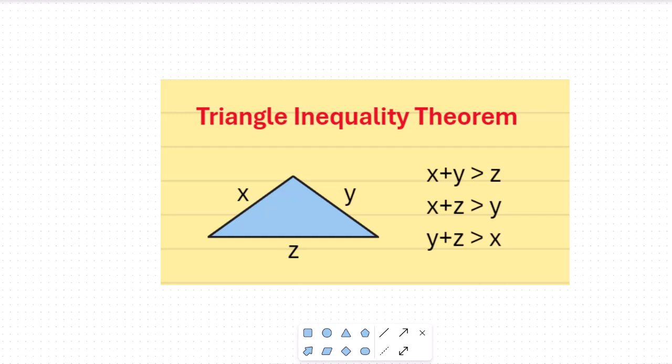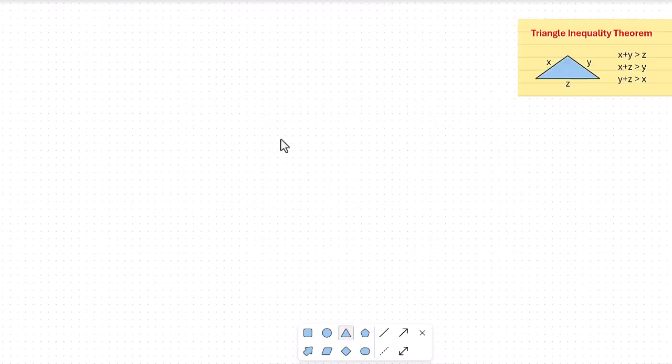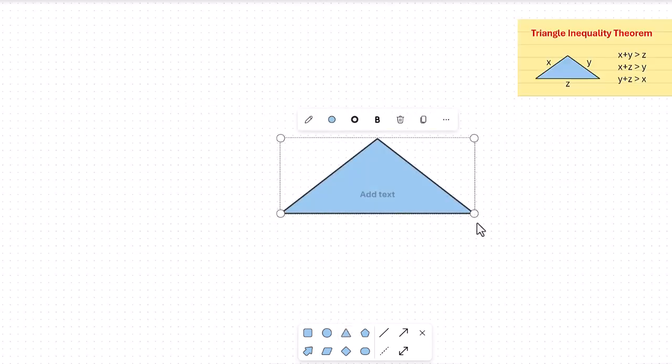So what we're going to use here is a simple rule in mathematics, a theorem called the triangle inequality theorem. What it states is that the sum of any two sides of a triangle is always greater than the other side. So I'm going to draw a triangle here to show what I mean.